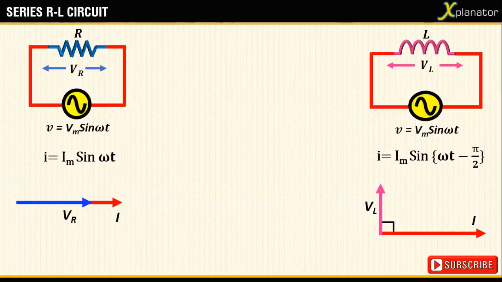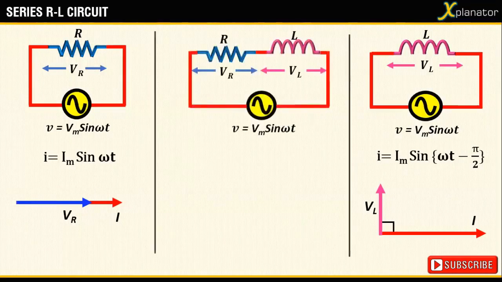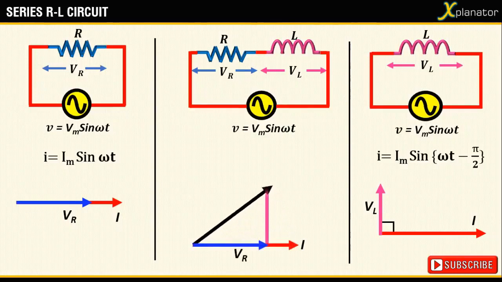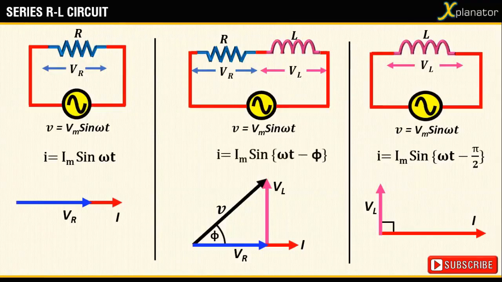Now when you combine both the elements together in a circuit, the current and the voltage will have a phase difference somewhere between 0 and 90 degrees. We don't know the value yet, so we can call it some angle phi, whose value will be determined in the coming stages. With this assumption, we can write the equation for current I as I equal to Im sin of omega t minus phi.